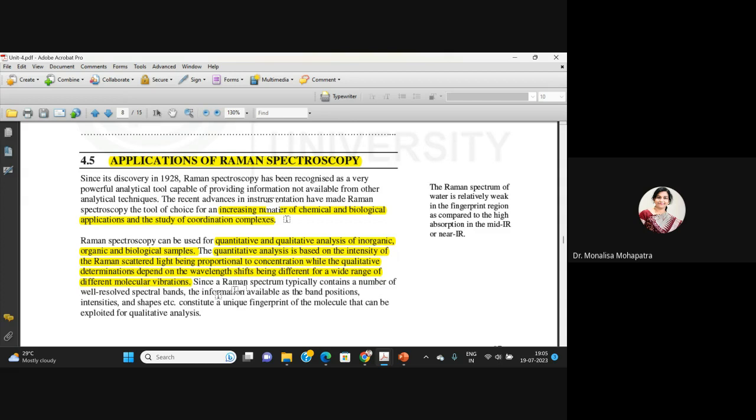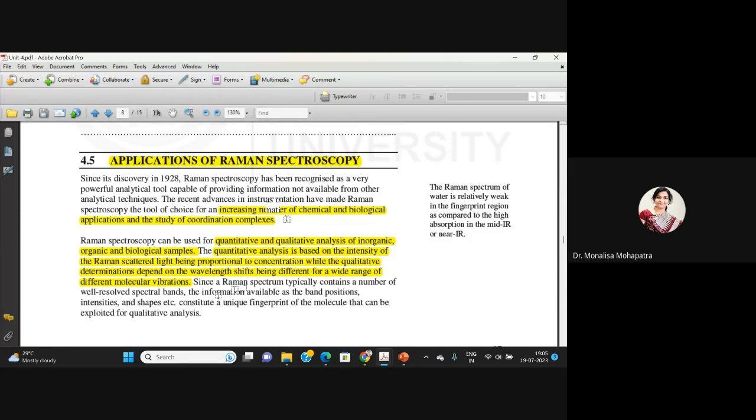But when I say this, it doesn't mean you can predict randomly. No. Yesterday I was showing you one graph where you have some reference sample. You must have the reference sample. Then only, if you go for the unknown sample, can you predict its concentration.